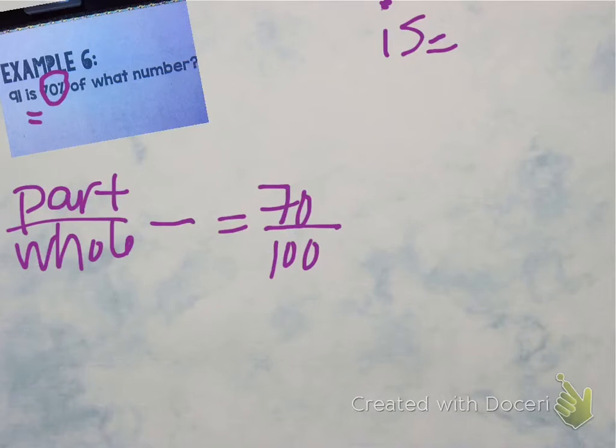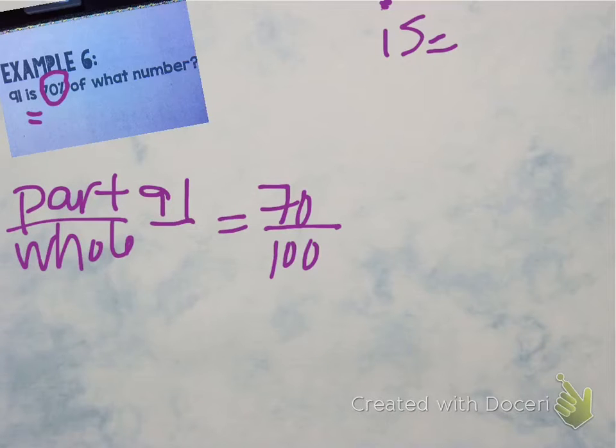I understand that sounds kind of weird, but in all honesty, it's not saying a whole. We know that 100 is a whole, but it's saying 91 is 70%. So whatever's on the whole part, 91 is 70% of whatever that whole is. So we're going to put 91 right there.